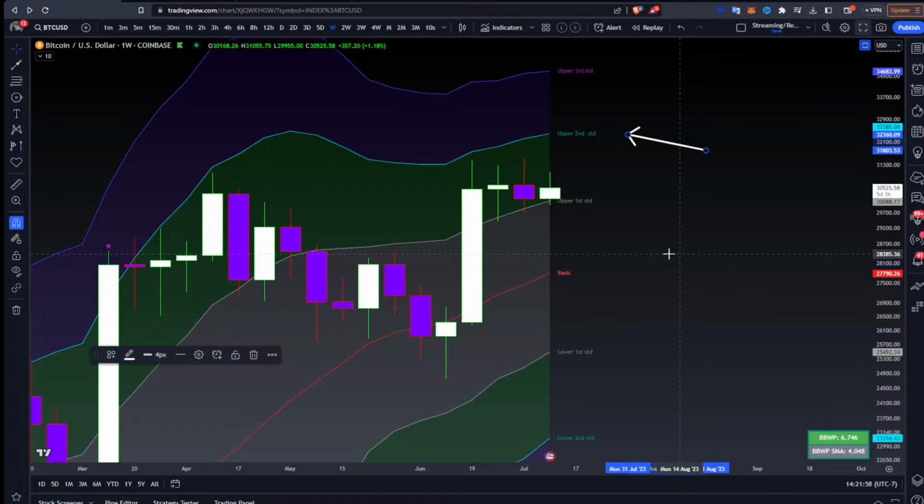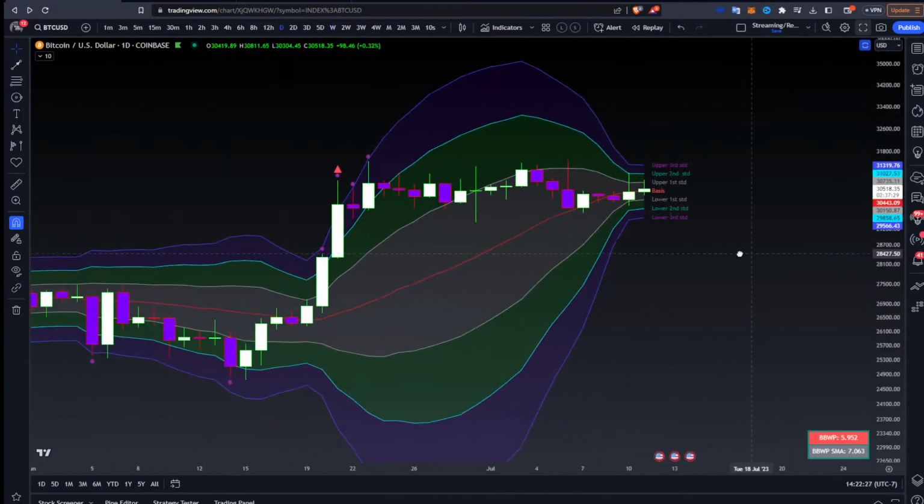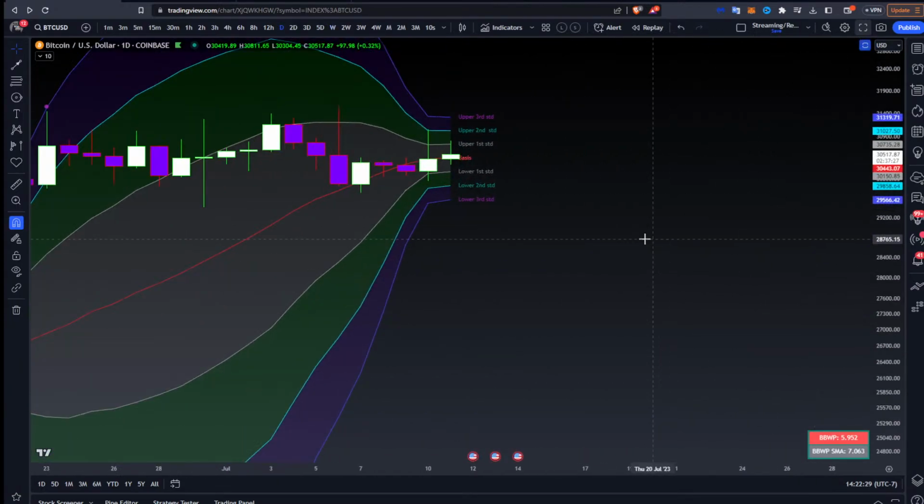And that is where I'm being very specific and very particular about calling out to be on the lookout for not just fake outs within the range before the move gets rolling, but deviation fake outs from the current range on daily expansion. This is where the upper second standard deviation on the weekly is sitting right in a major resistance area, just above that 31.8 to 32.4.